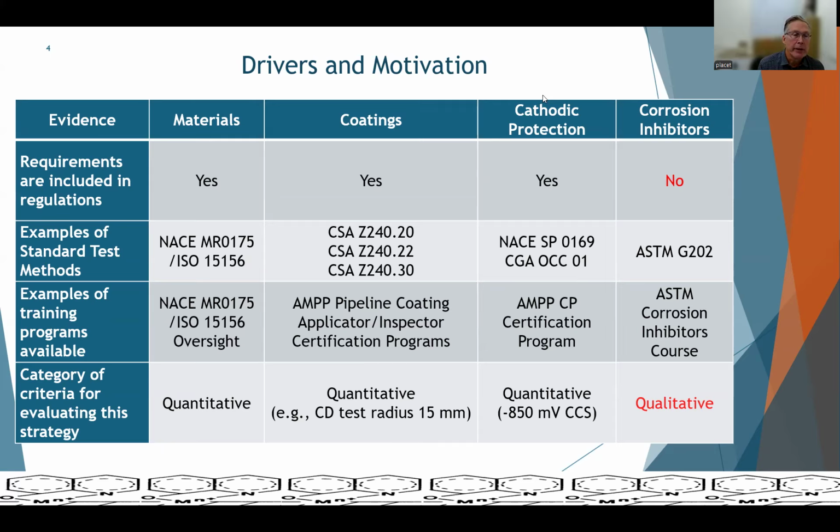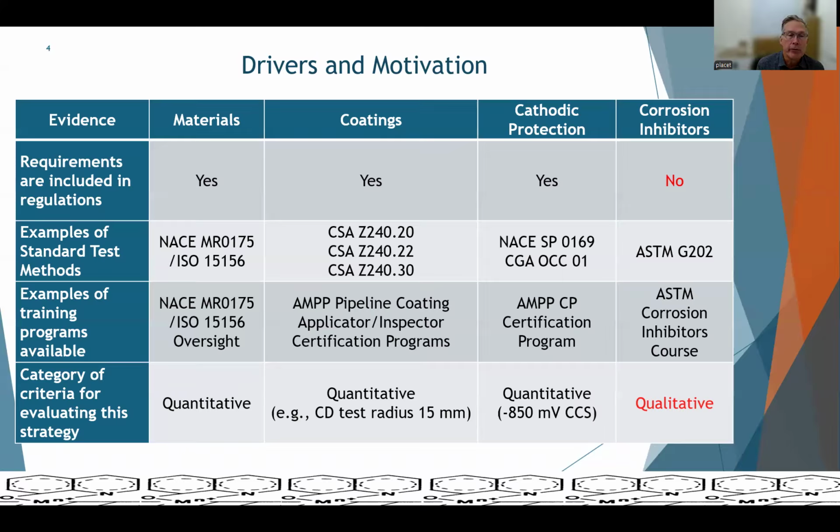Laboratory repeatability, we've got high confidence, and some of these test methods have now been embedded into the actual regulations governing how people use materials. The case that we have here is MR0175, which is related to sulfide stress cracking and hydrogen damage. So this is a well-established area, well-established test methods, and we've got quantitative criteria for acceptance of materials.